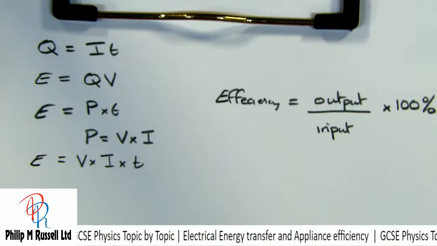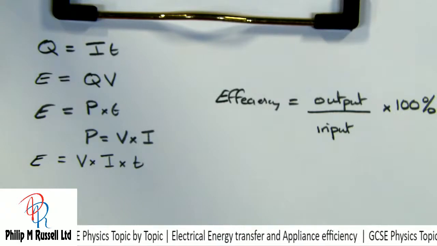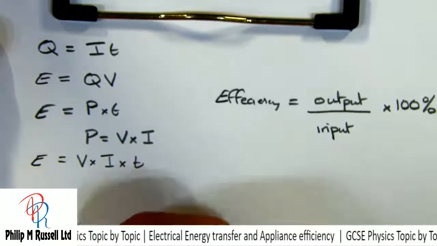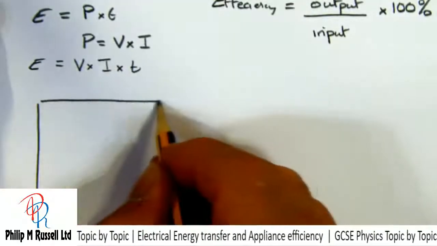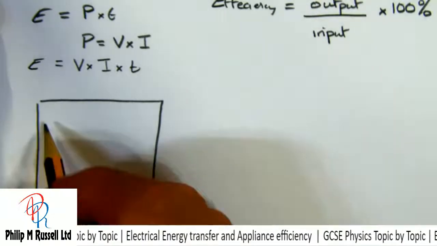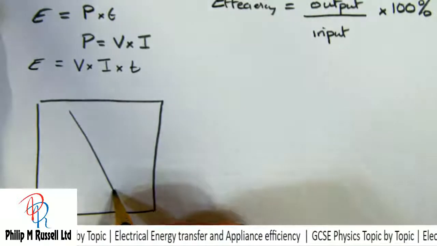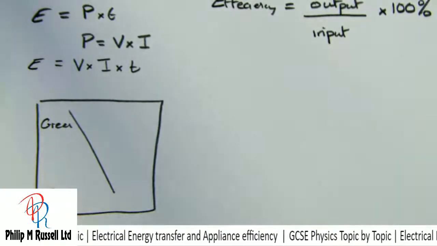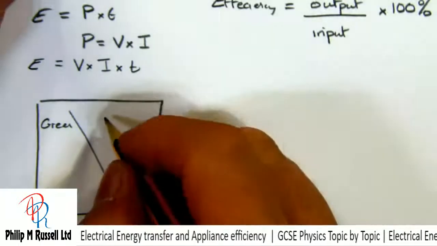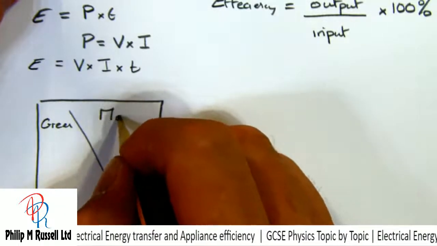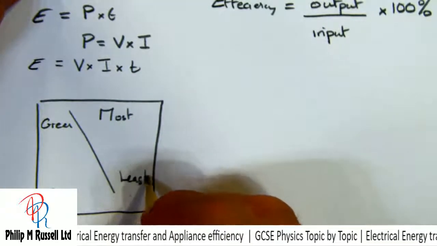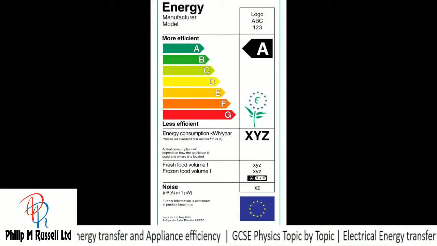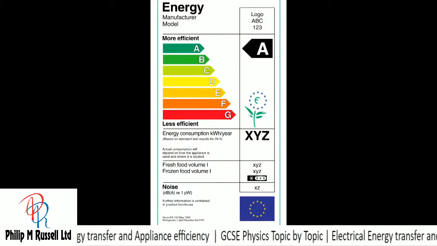And we've got the efficiency of our device, and we can see on the things that we buy a little table, and these are in different colours, and we have the sort of colours going down here from green to red, and as we go down here we move from the most efficient to the least efficient, and there we have one of those things that comes on a particular device.